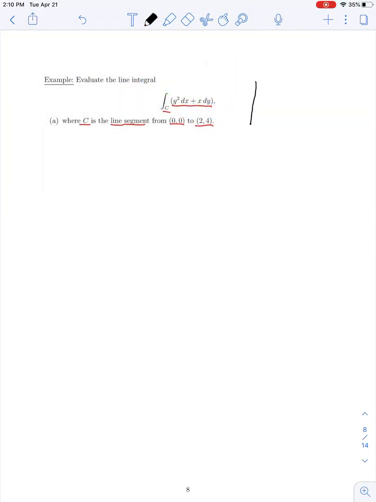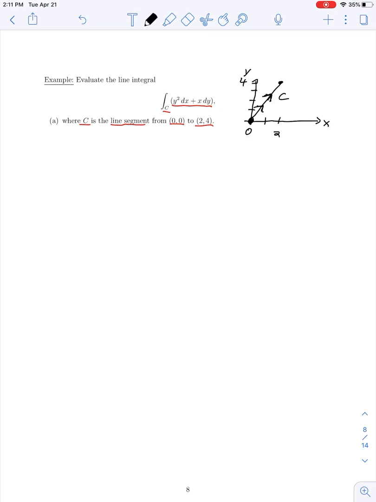We have in the xy plane a line segment moving from the origin 0, 0 to the point 2, 4. So our curve is this line segment being traced in this direction.